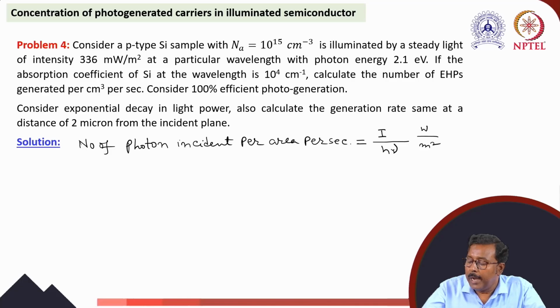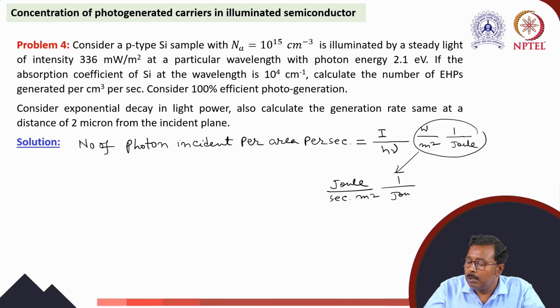Watt means joule per second, and in the denominator this is 1 by joule. So the unit is joule per second into per meter square into 1 by joule.